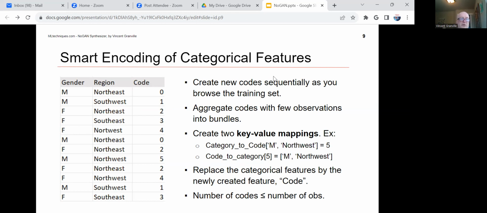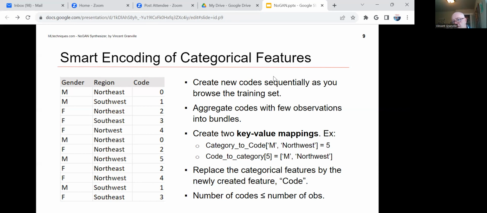Here it's just an extract from some data set. When you have two features, gender, male or female, or region, with 4 different regions, I transform these categories into a code. Then there's the inverse transformation, but at the end I get rid of those categorical features and only keep one, which is the code.